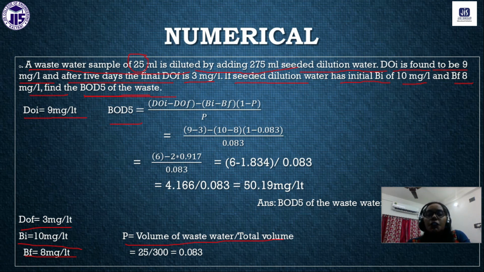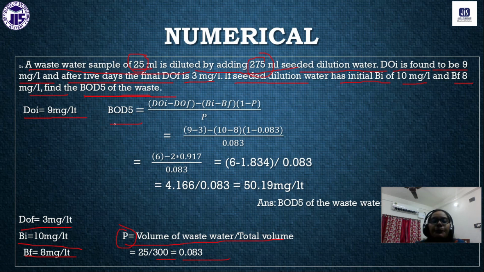That means 25 plus 275, so we have got 300. That is why the P value is 25 divided by 300, that is 0.083. Now look, the P value doesn't have any unit, because this is a ratio of two volumes. 25 ml divided by 300 ml, the ml will be nullified, and that is why for the P value we don't get any unit.